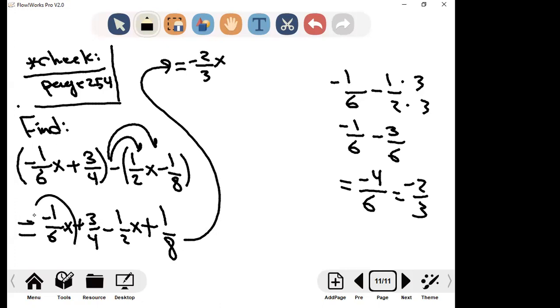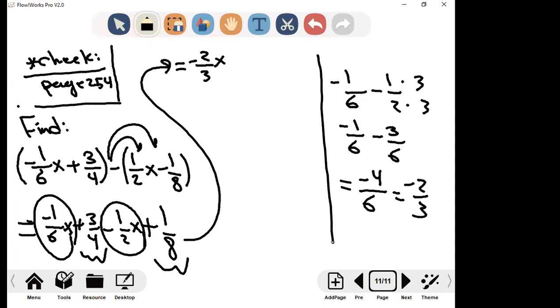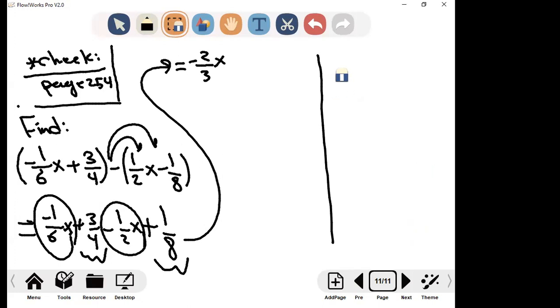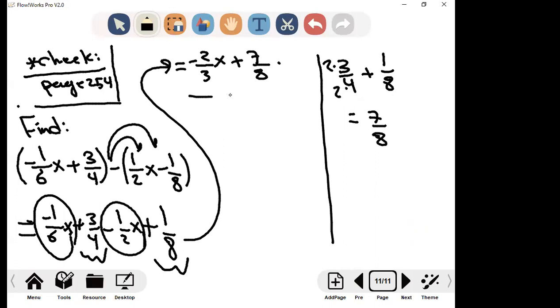So I'm done with these two terms. Now I have 3 over 4 with 1 over 8. Do it by the side. 3/4 plus 1/8. This is times 2, times 2, 6 plus 1, 7. This is your check. Copy it, please.